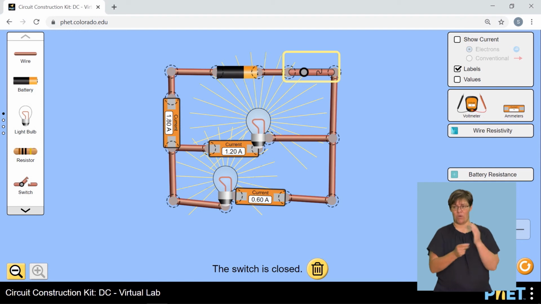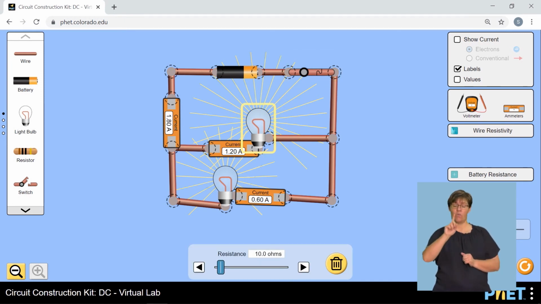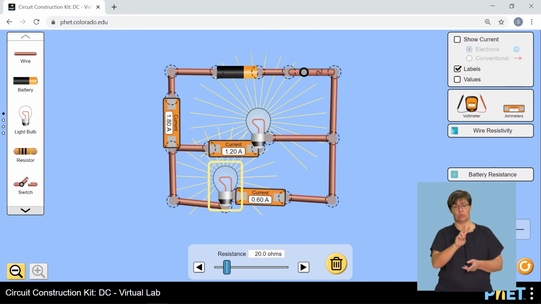Both bulbs start to glow. If you look very carefully, the amount of current in the entire circuit is 1,8 amperes. The 1,8 amperes is split between the 10 ohm resistor, which receives 1,2 amperes, while R2, which has a 20 ohm resistance, has half the current.